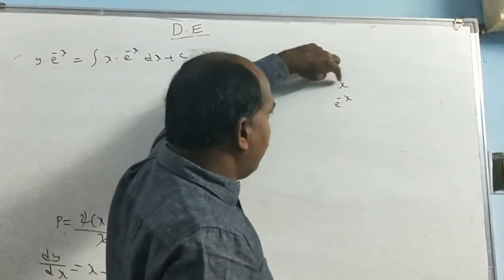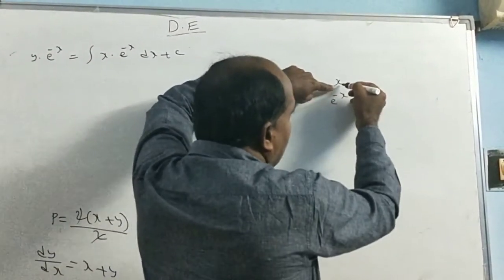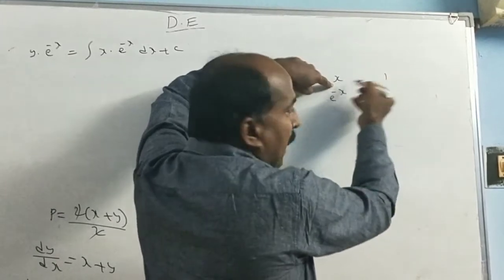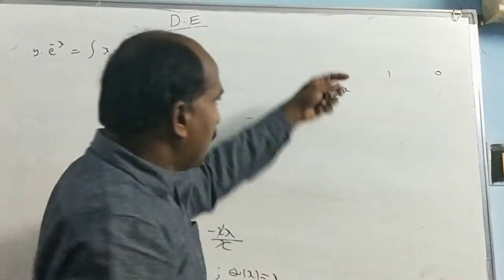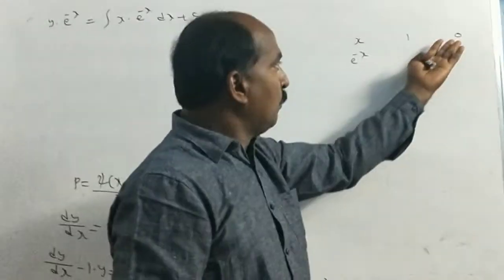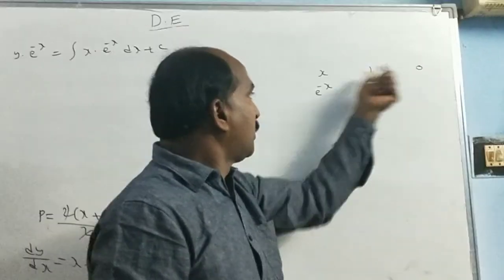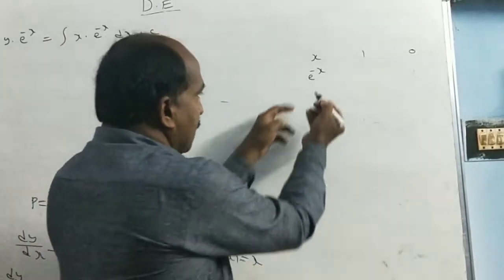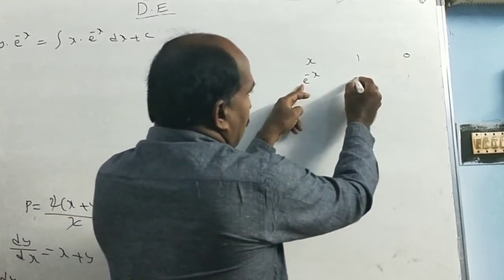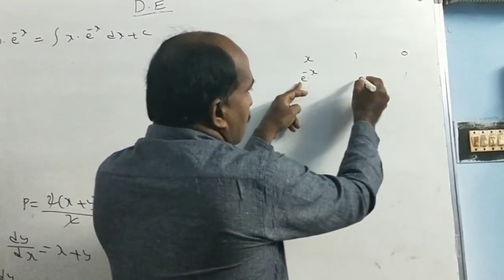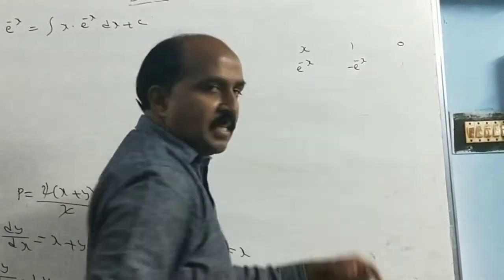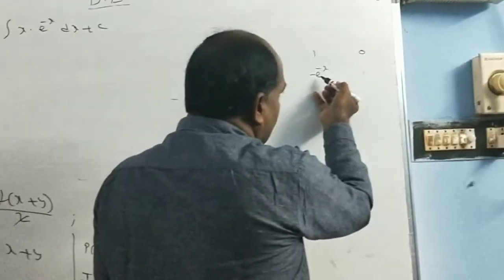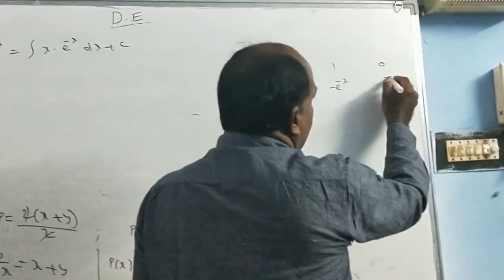Take the derivative of x. We know that the derivative of x is 1 and the derivative of 1 is 0. For the first function, take derivatives until the function terminates, and for the second function take integration. Integration of e power minus x is minus e power minus x, and again taking integration, we get e power minus x.